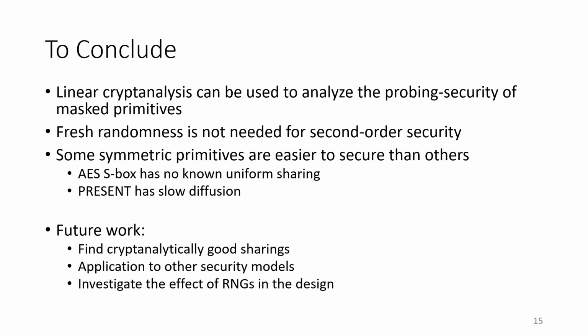Typically, second-order masked primitives require in the order of 10,000 bits of fresh randomness. And so we show that you do not need to add randomness apart from the initial masking of the plaintext and key for second or higher order security. This is something that hasn't been shown before.